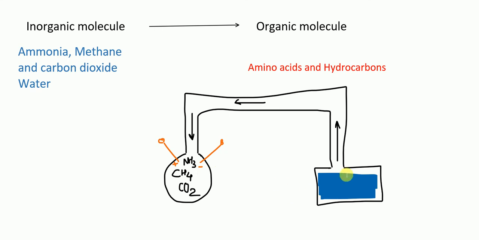Let's go through this again. We have two chambers, a chamber filled with water, a chamber filled with gas, and both of the chambers are connected. The water evaporates and enters the gas chamber. Here in the gas chamber, we have electrodes, and electrodes are providing the energy so that the inorganic gases get converted into organic gases.